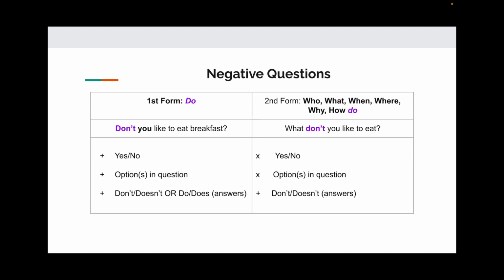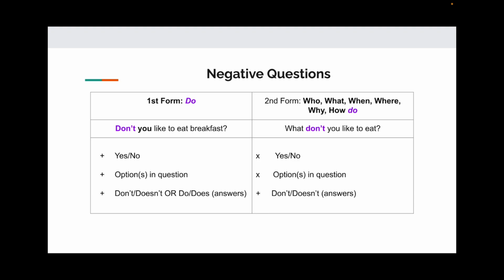And here we have the negative first form and second form. So for the first form, questions such as, don't you like to eat breakfast, can be answered with yes or no. They have options. And depending on whether it's literal or non-literal, your answers can vary.